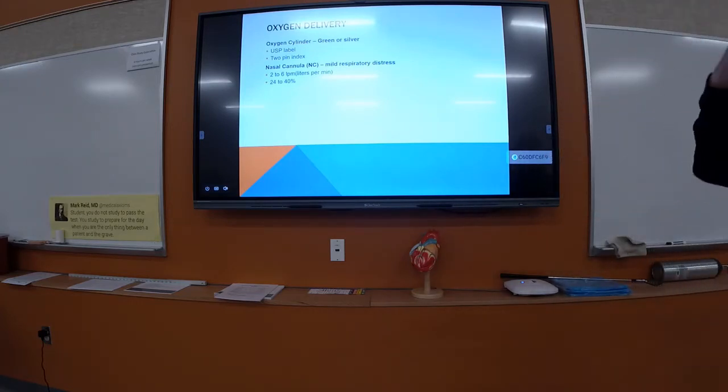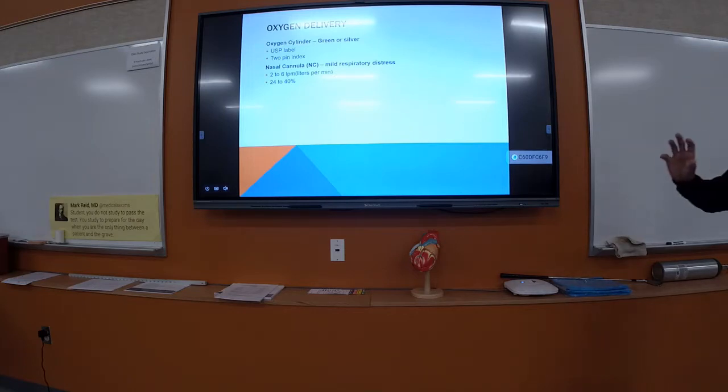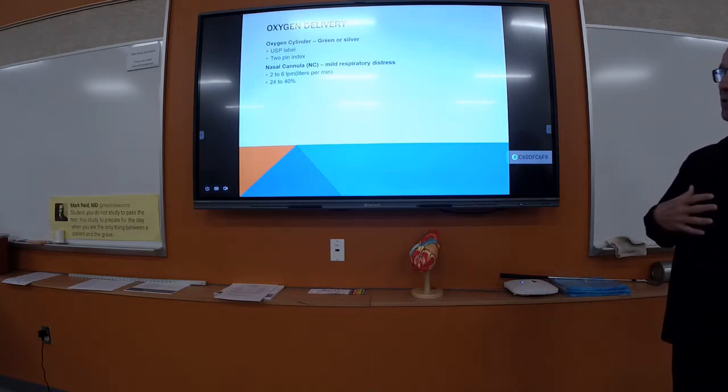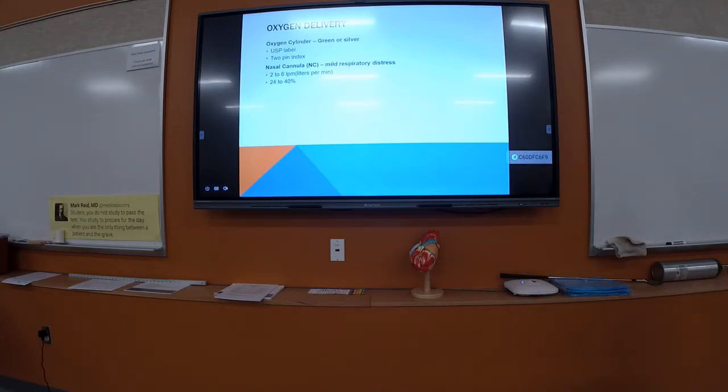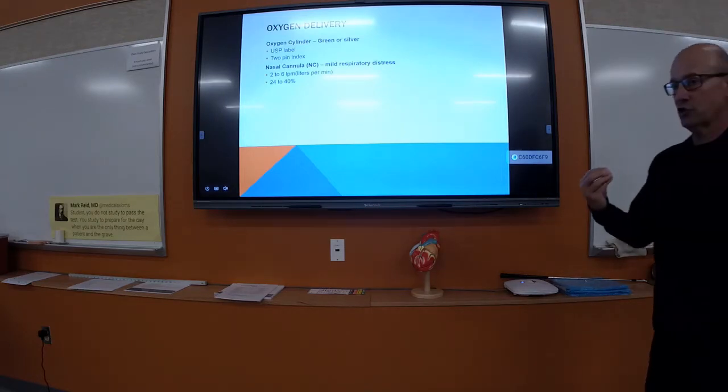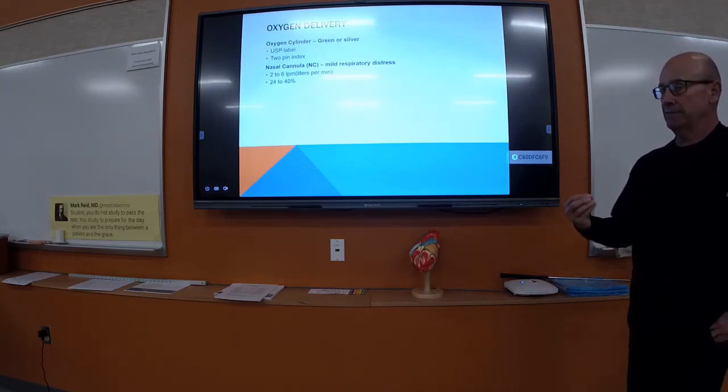So we're breathing 21% room air. Percent or fraction, remember the FiO2, fraction of inspired oxygen. So our FiO2 right now, without supplemental oxygen, is 21%. So when we give a patient oxygen, we're adding to that percentage, okay?